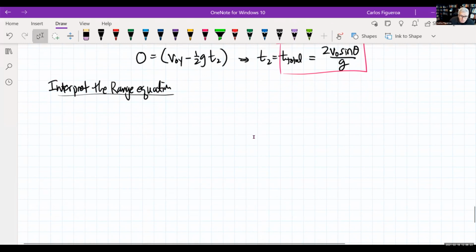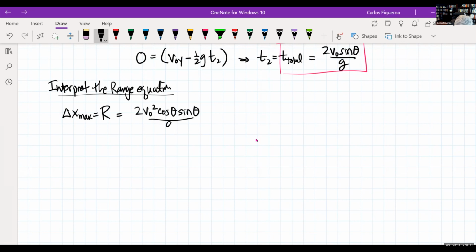So the first thing that we want to do here is we say that the maximum horizontal distance, which is r, is then equal to 2 V naught squared cosine theta sine theta divided by G. And one of the things that we said here is that this is only valid if the launch and landing heights are the same. So let's make sure that we get this picture down so that hopefully nobody uses it incorrectly.